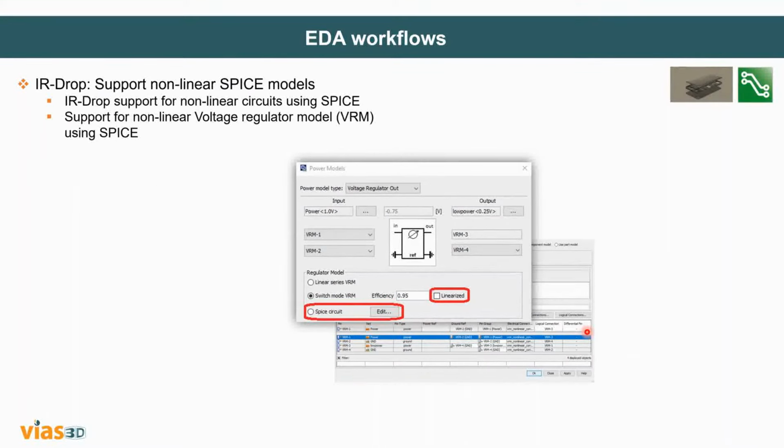In the EDA workflows, a lot of us do IR drop analysis for SIG power integrity at DC. So here nonlinear SPICE models are supported now, and it is supported in two ways, either by voltage VRM, what we called switch mode VRM without linearization, or you can import a nonlinear SPICE model.